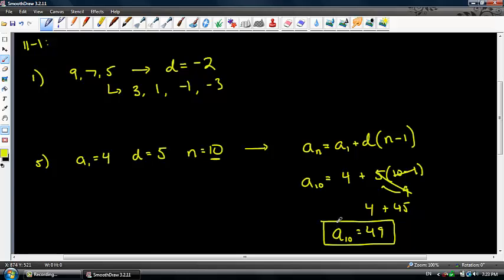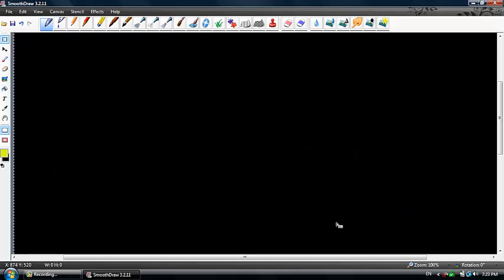Okay, let's go ahead and move on from there. Actually, let's take a look at number 11. I like number 11. It looks like 3, 5, 7, 9. We're trying to write an equation for the nth term in the arithmetic sequence. If you remember the very first lesson on this, we were able to derive this formula.